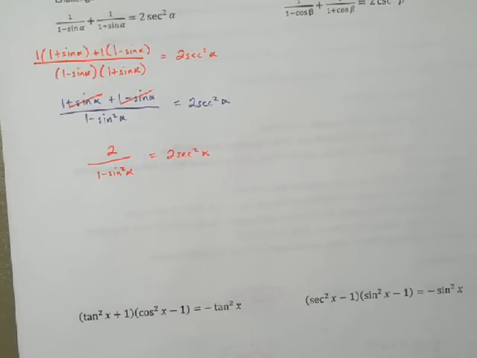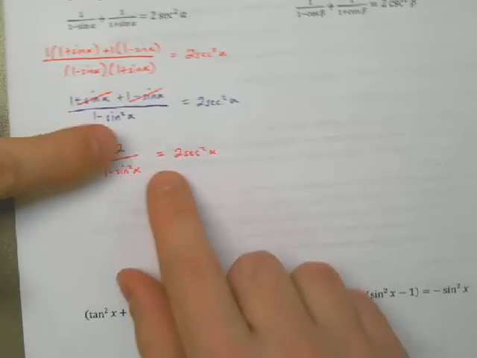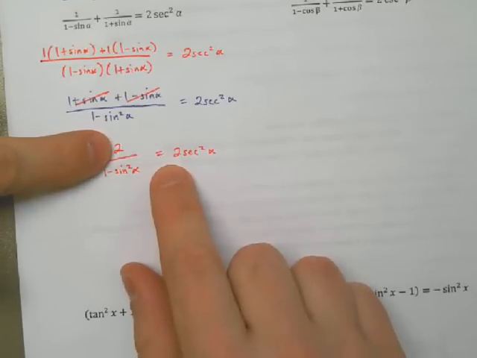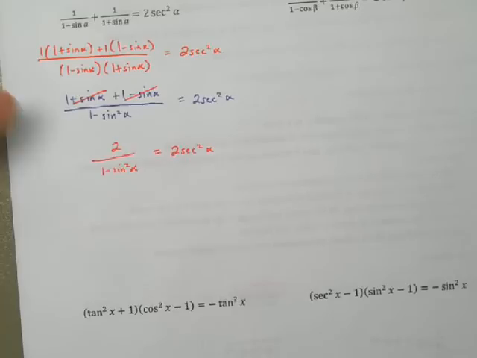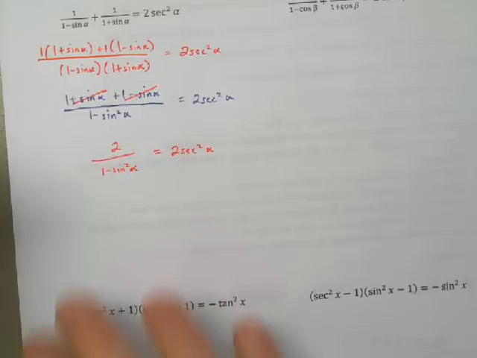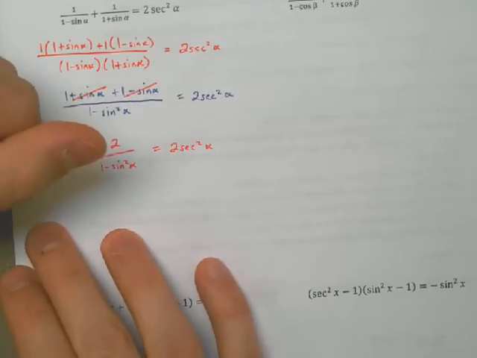So there's the left side combined into one fraction. I need to show that that's equal to 2 cosecant squared of beta. Alright. Top, I'm going to go ahead and distribute out the 1s. I really need to do that. There's the top distributed out. The bottom is a difference of squares again.